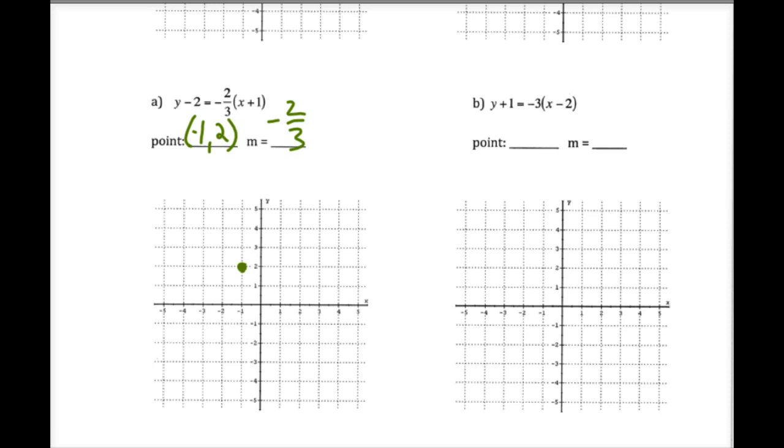Down 2. Over which way? Exactly. Down 2 and right 3. Or what's the opposite? Yeah, up 2 and left 3. Guys, remember it's got a negative slope, so it's going to angle that way. That's a good line. Maeve is easily impressed.